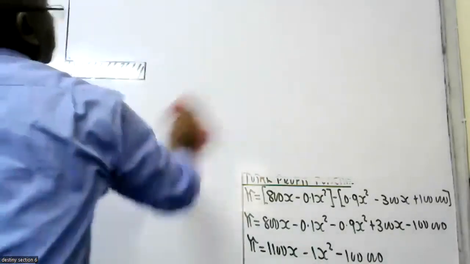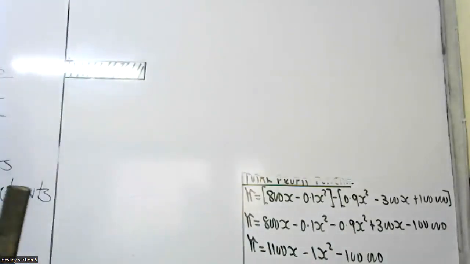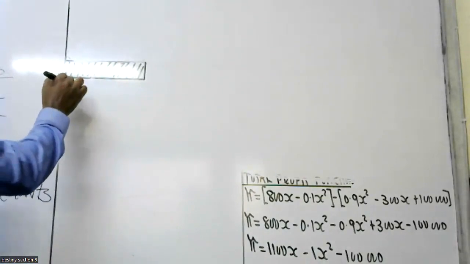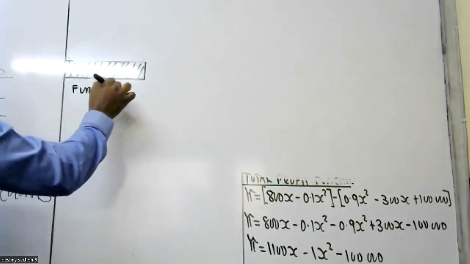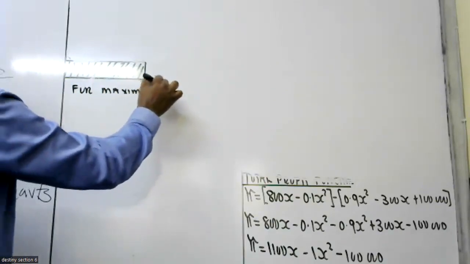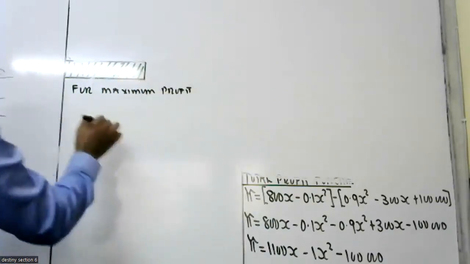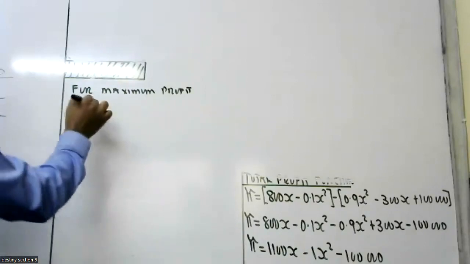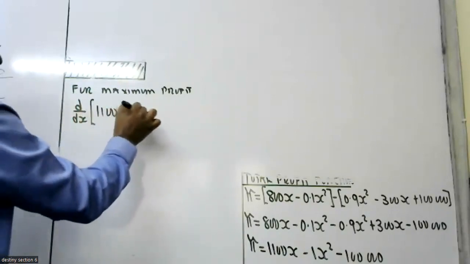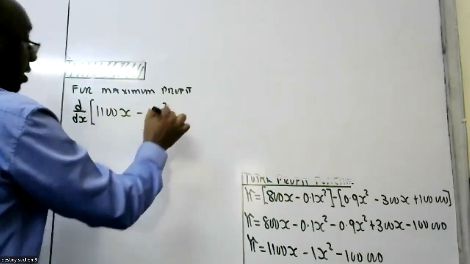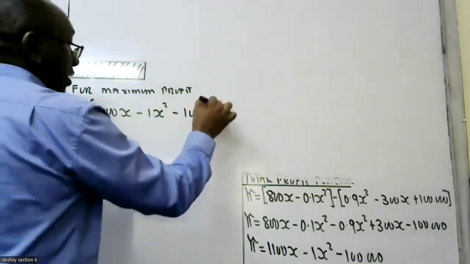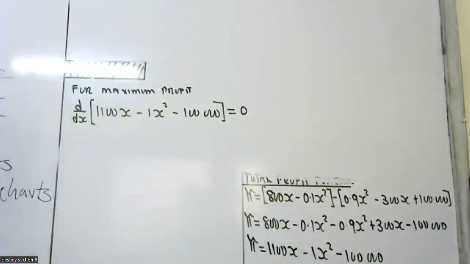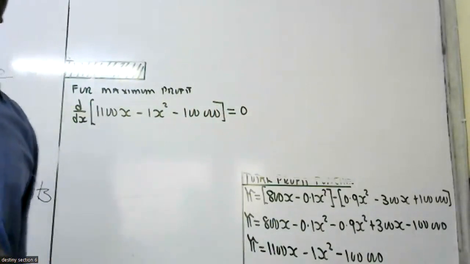For maximum profit, if you differentiate this profit, 1100x minus x squared minus 100,000, with respect to x, you should get 0.